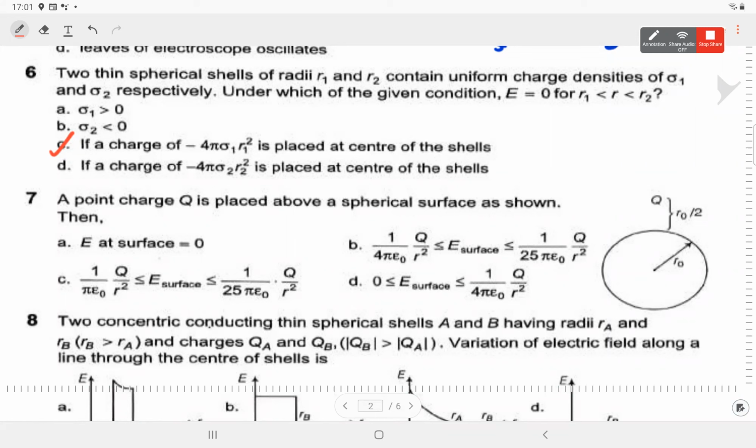Okay, yes, very nice. So basically when it is the closest point, that is the maximum electric field, and the farthest point is the minimum. Point A has the maximum, point B has the minimum. At point A, it is kq by r0 by 2 whole square, and at point B, the distance is r0 by 2 plus 2 r0, which is 5 r0 by 2.